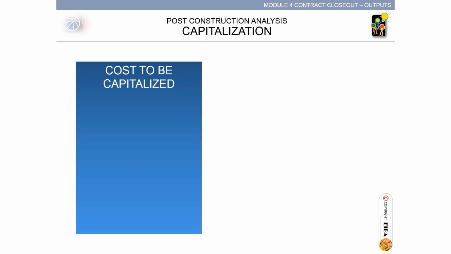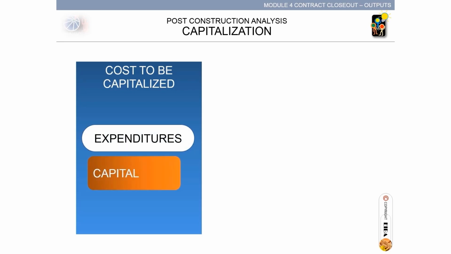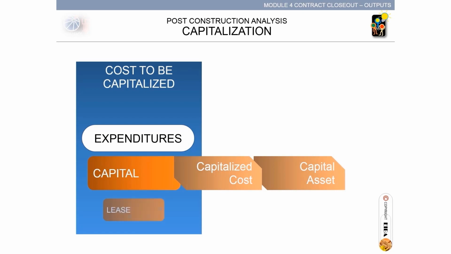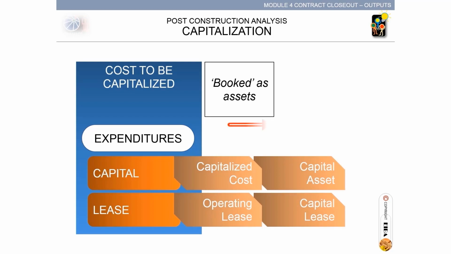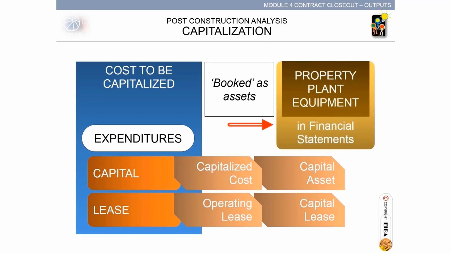Cost to be capitalized is for expenditures such as capital spending consisting of capitalized cost and capital asset, and leasehold improvement with operating lease and capital lease spending on improvements. The expenditures are booked as assets under property, plant, and equipment of the financial statements as in the balance sheets.